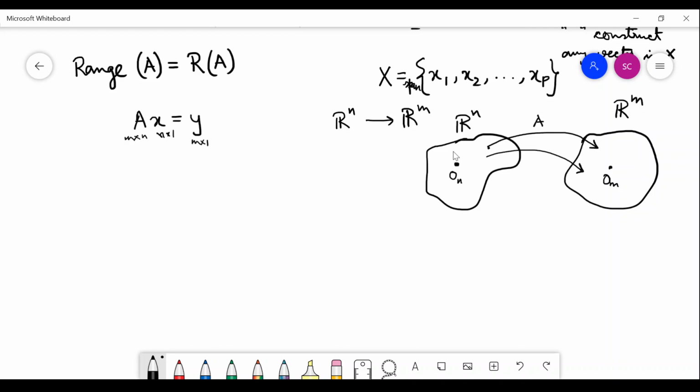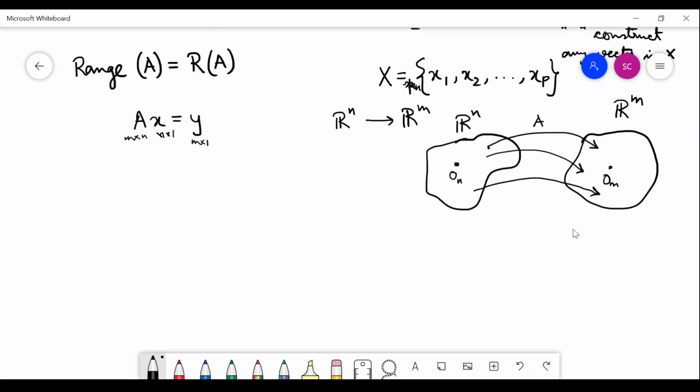That is the question. So I have to try it out with all the vectors from the n dimensional space, and see where it lands in the m dimensional space. But now if I see that where it lands is a space which is having a dimension less than m.